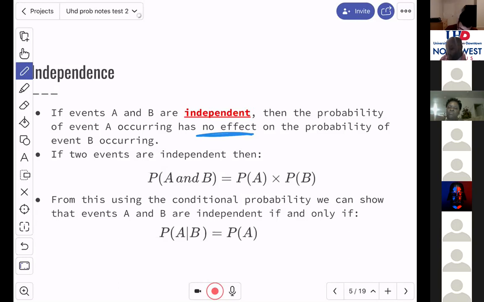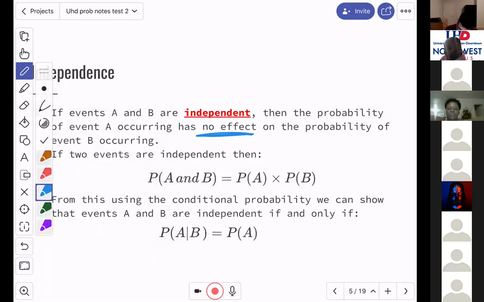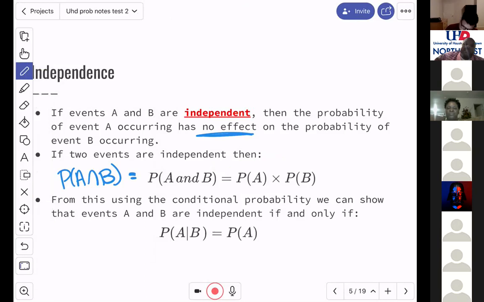Or another way of expressing this would be to write it like this right here. This can also be expressed as the probability of A intersect B. And so what ends up happening now is this.